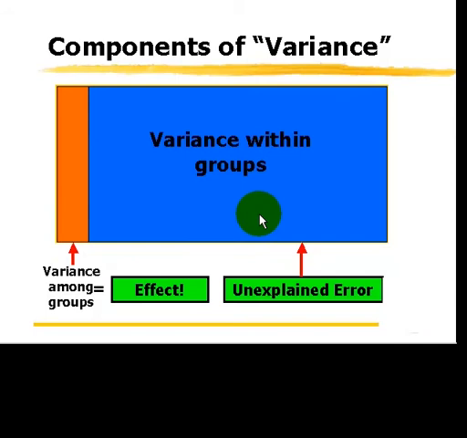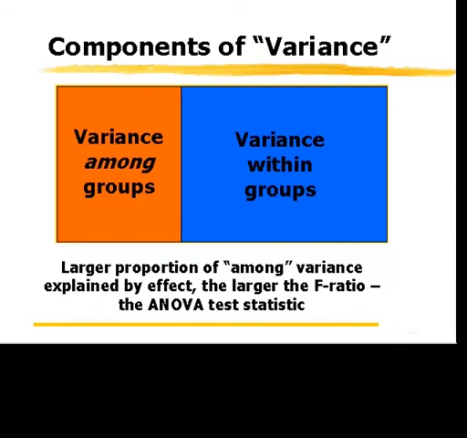When this is larger, the treatment explains less, and error explains more. So let's take a look at this, for example, then. This has become a lot larger, thinking about this like a Venn diagram or something similar. So in this instance, the variance amongst the groups is larger compared to the variance within the groups.